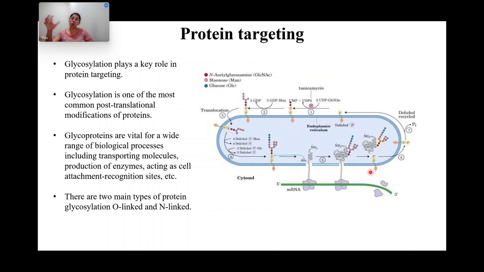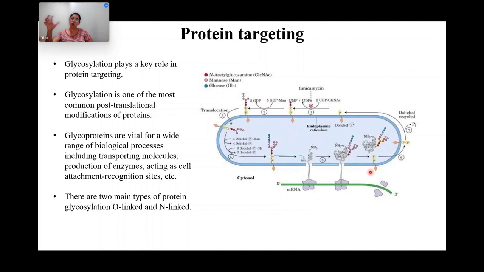And glycosylation is important because proteins are of different kinds: they could be enzymes, they could be for cell attachment and recognition, so there are different functionalities carried out by these proteins, and they require these glycoproteins on their surface. So that's how glycosylation is very important. There are two ways in which these glycosyl groups are added to the growing polypeptide chain.